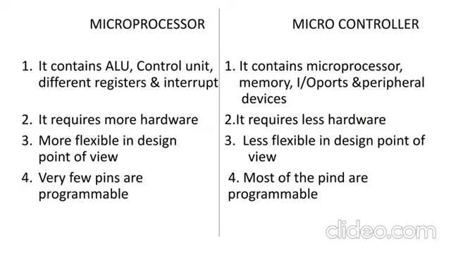Third point, the microprocessor is more flexible from a design point of view, whereas the microcontroller is less flexible. As we discussed, with a microprocessor we take some extra hardware and attach it to the processor, whereas the controller has it built in.